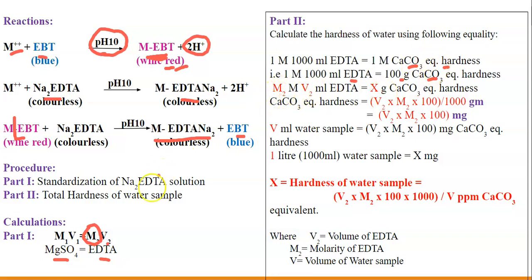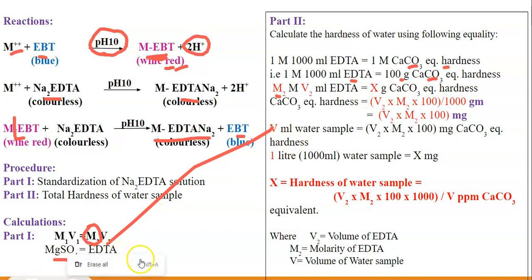And now we have to generate a generalized formula. So we are assuming, instead of 1 molar, suppose it is M2 molar, which we have calculated in the first part. M2 molar V2 ml EDTA would be equal to X gram of calcium carbonate equivalent.